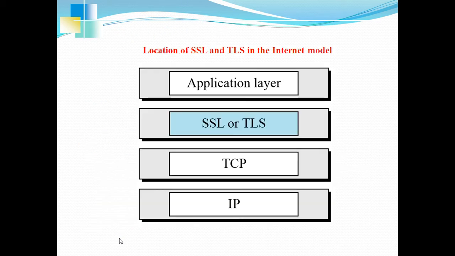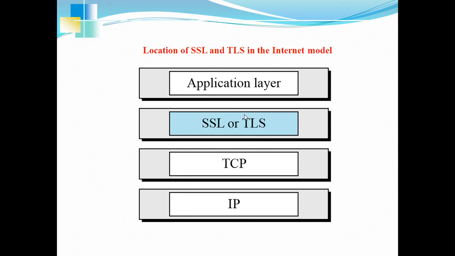Now see the SSL basic structure. There is IP in the internet layer, TCP at the transport layer, and the application layer is the top one. So SSL's basic provision is at the transport layer, but it is related to the application layer also.